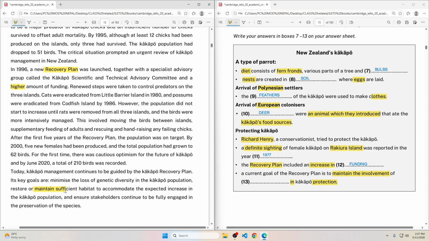Maintain sufficient habitat to accommodate expected.